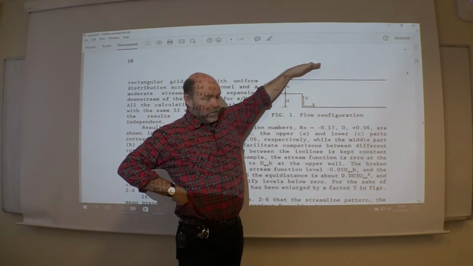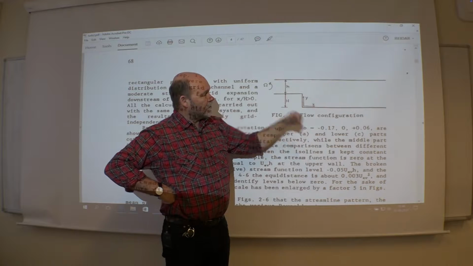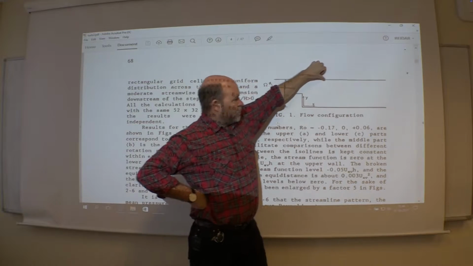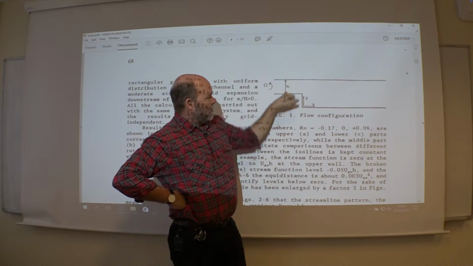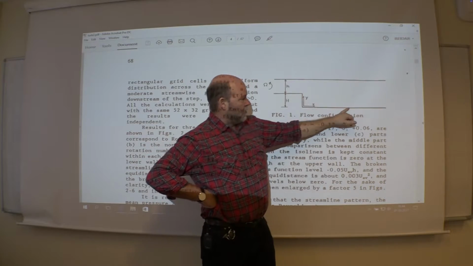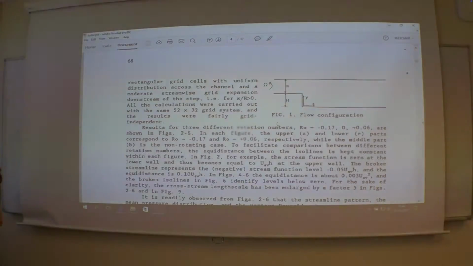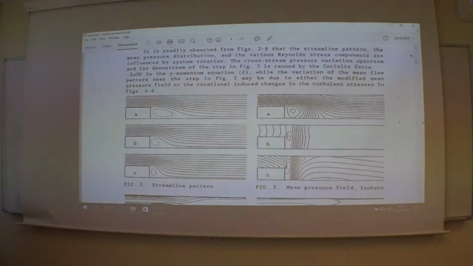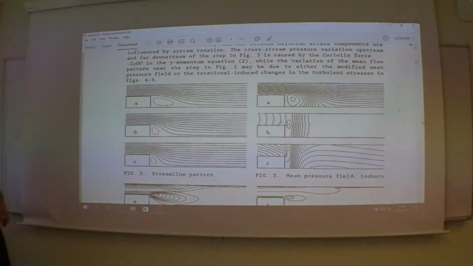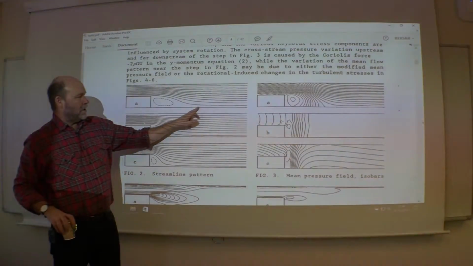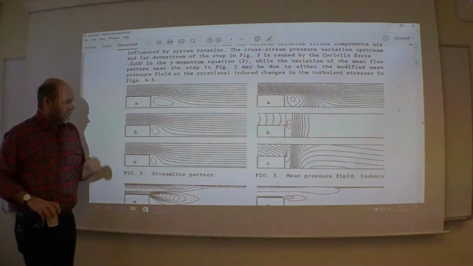So rotating it clockwise, you will have a high pressure on this side, low pressure down here. Then the bottom wall will tend towards laminar flow. So that should be part A. So here, tending more and more towards a laminar flow down here.